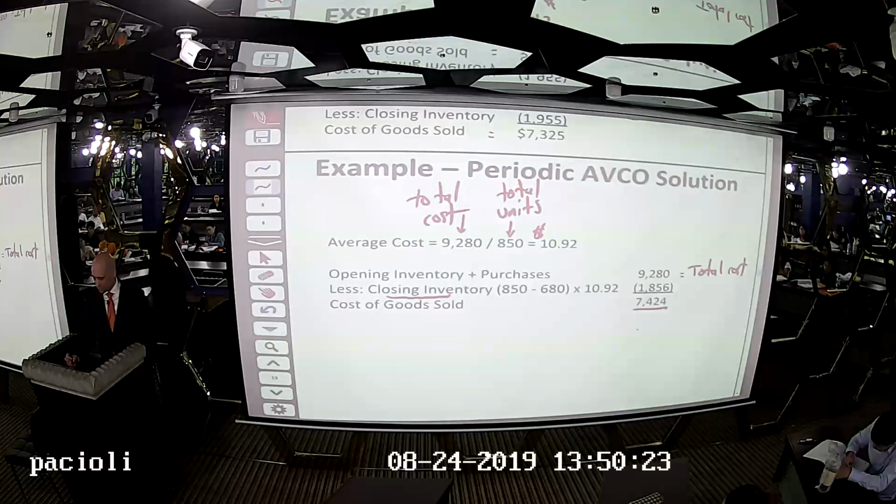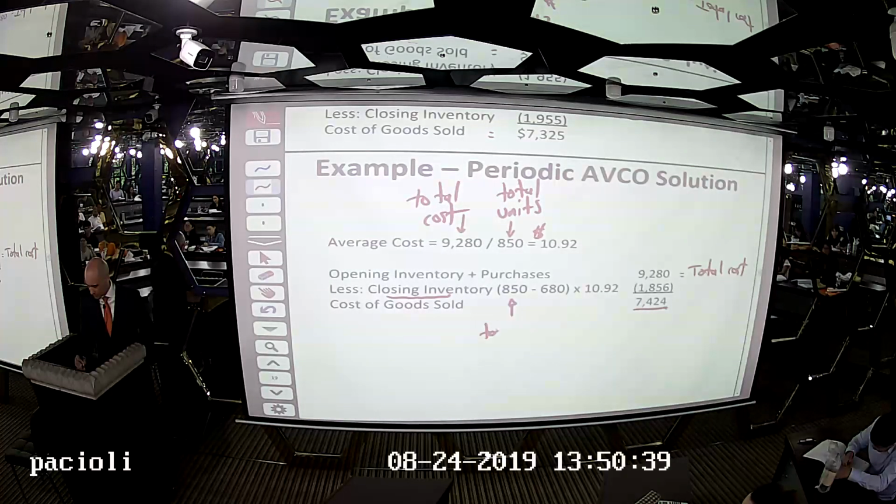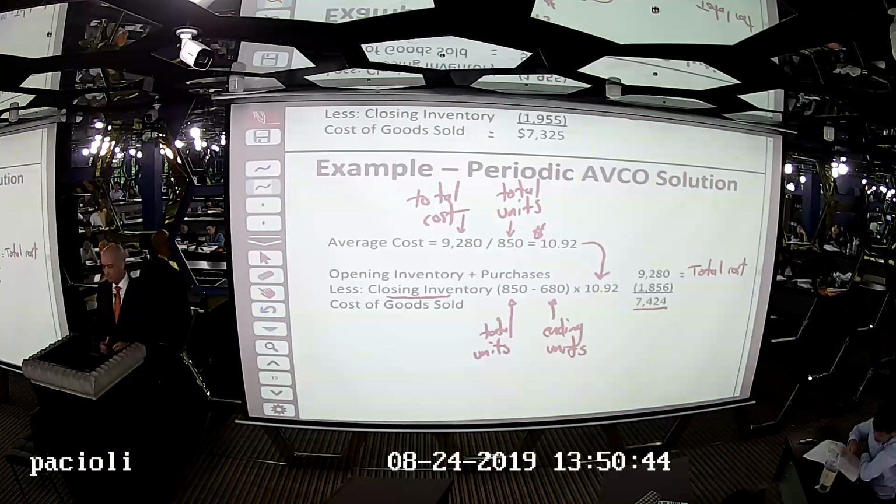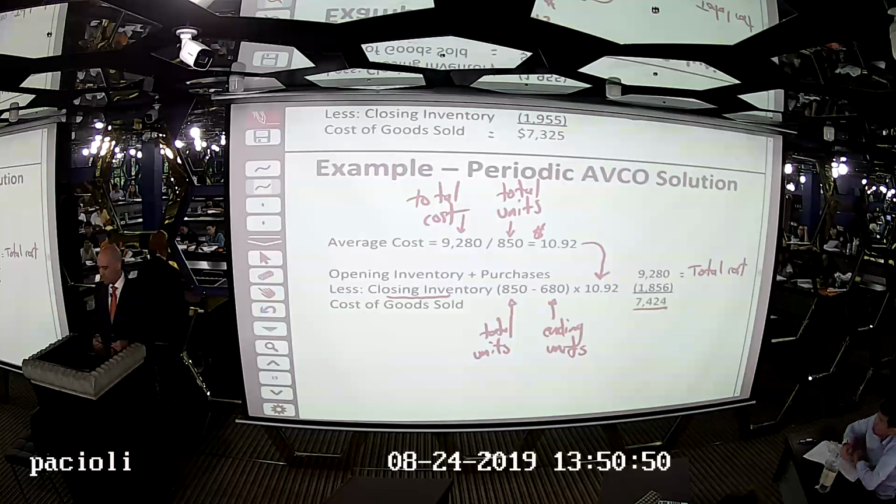And the closing inventory, so we have the total units minus the ending units times the average cost. So this is the average cost method.